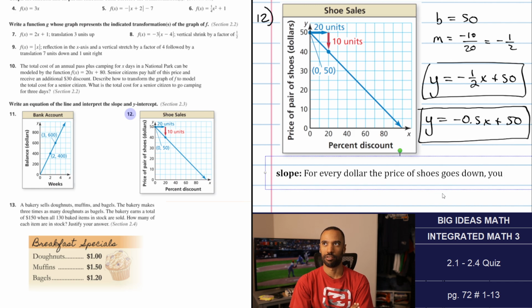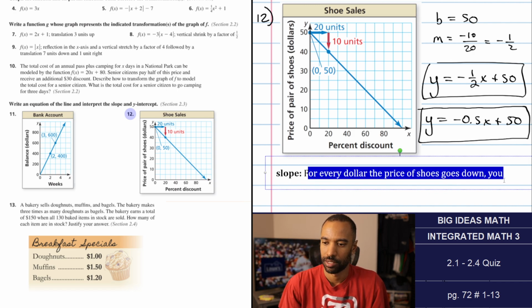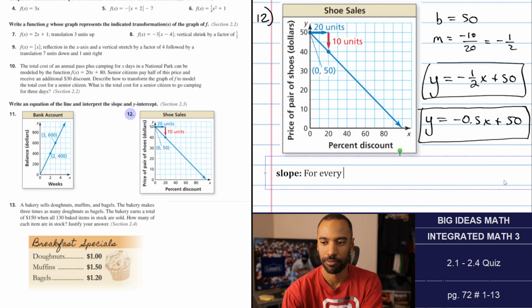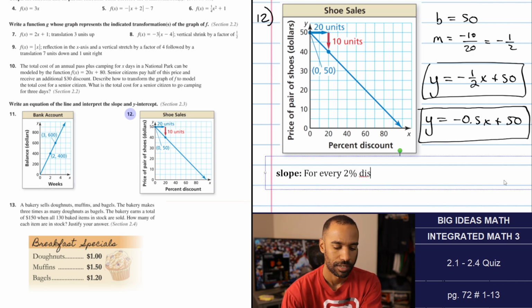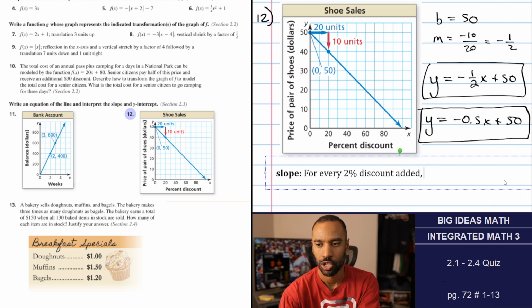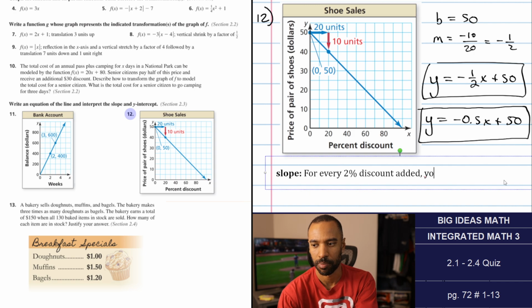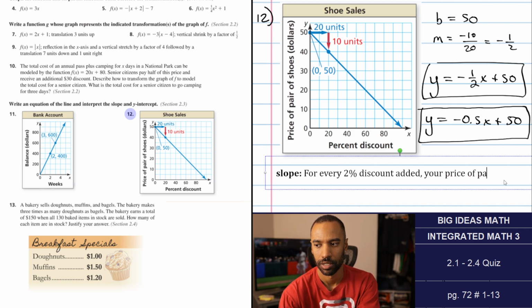Percent discount is the cause for the effect. For every 2% discount added to your shoe cost, your price of a pair of shoes goes down $1.